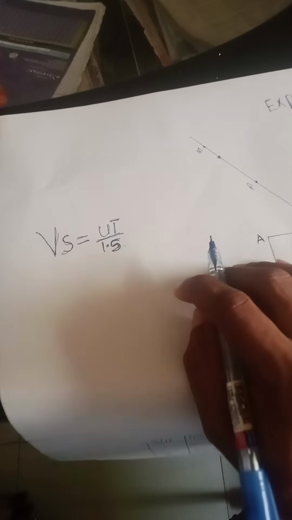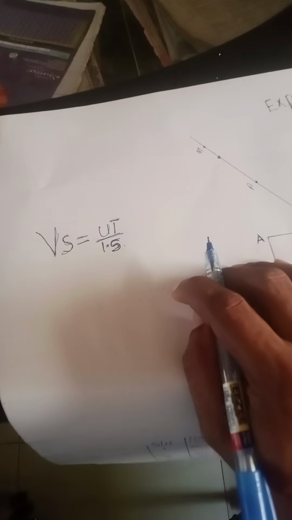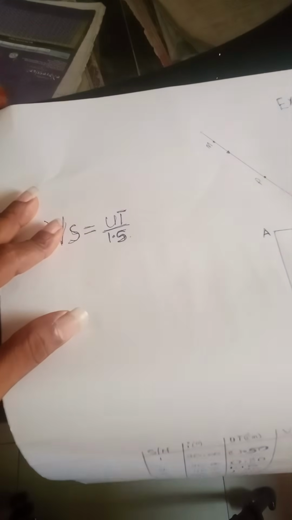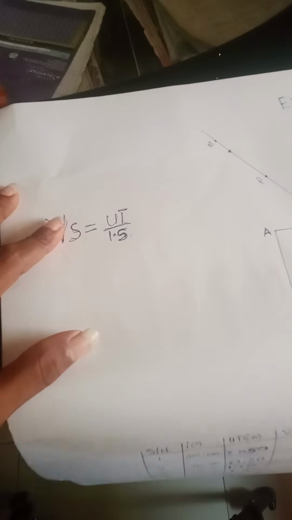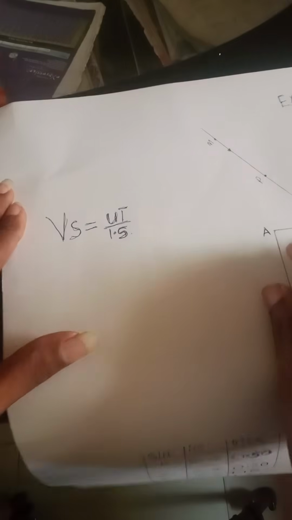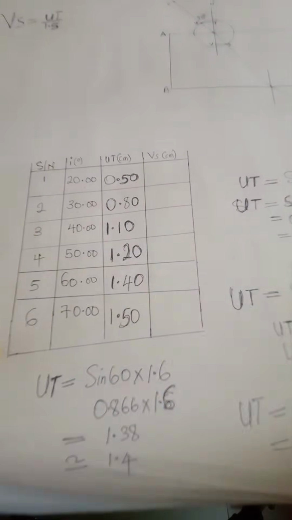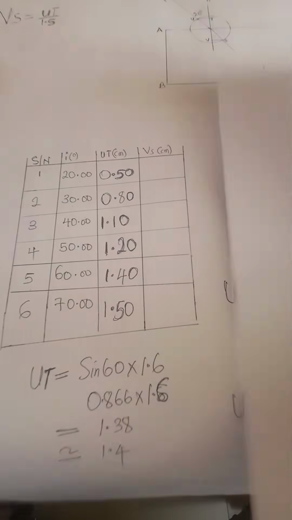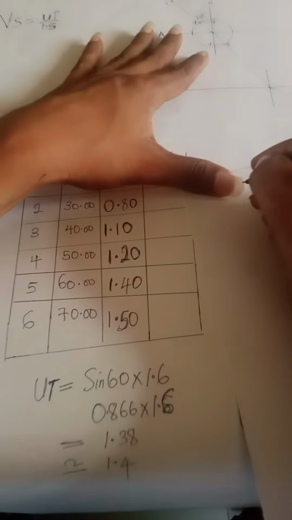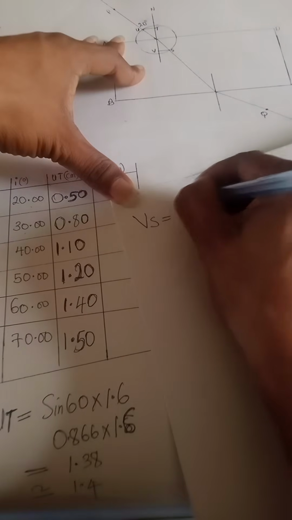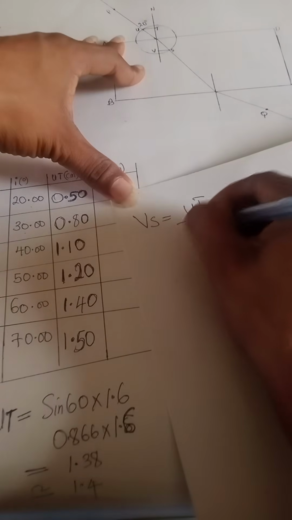You know that 1.5 is an approximated value of the refractive index of this glass prism. So this is what I will use to get my Vx. So now, for me to get my Vx, I say the formula is what? The formula for Vx is equal to ut over what? Over 1.5.